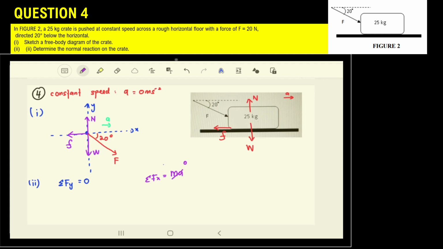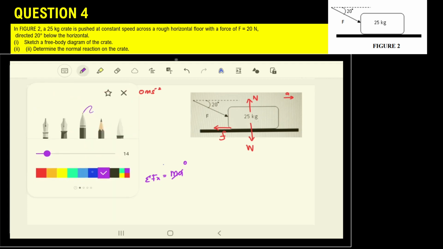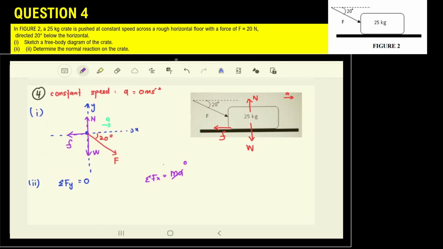Before we start our calculation, remember, if there is a force at an angle theta, we need to resolve it into x and y components. So I want to resolve F into its x component: Fx equals F cos 20, and the other one is Fy, where Fy is equal to negative F sin 20 degrees.